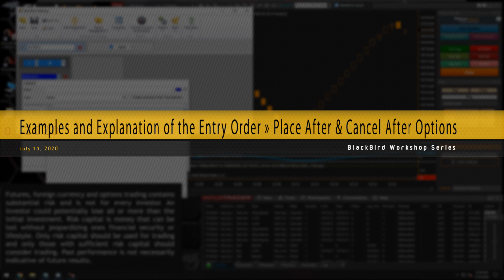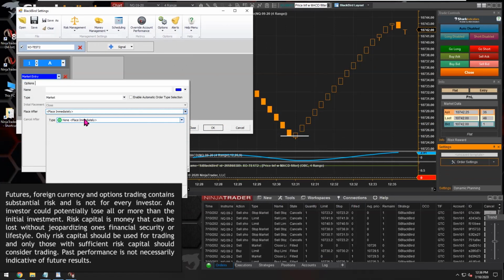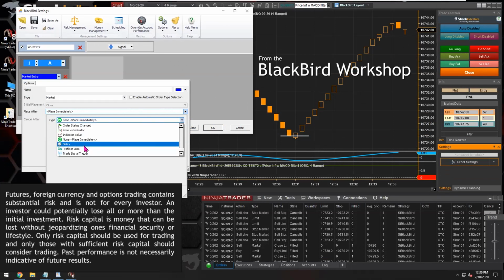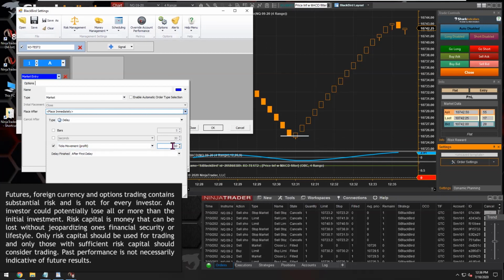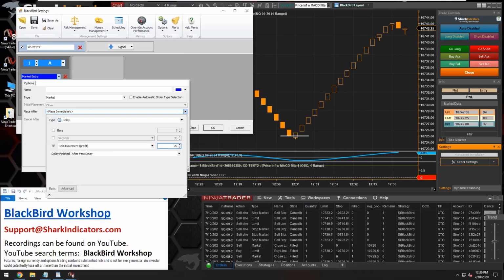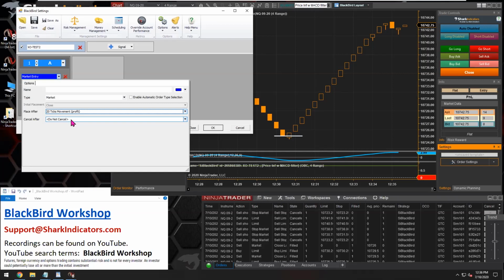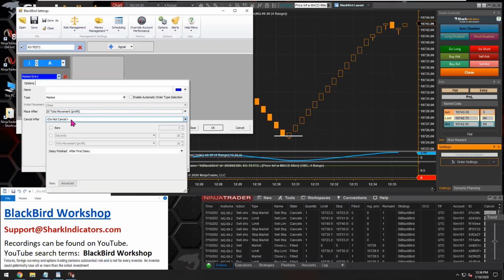All right, so if the market moves in a profitable direction, then Thomas wants to submit the order. So there we go, ticks of movement in a profitable direction. Let's just wait for 20 ticks, right? 20 ticks, close enough. But then he wants to cancel if there's some kind of movement in loss.